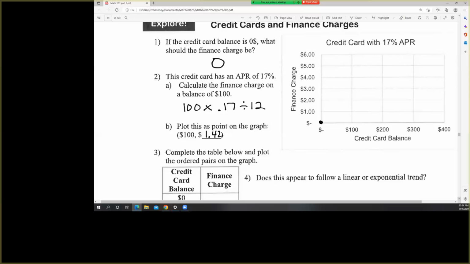So 100, and then $1.42 is going to be a little below halfway. My dot's probably going to look like it's just about halfway. And then do the same thing to fill in the table for number 3. We've got 200, 300, 400, and that'll give us more dots over here.